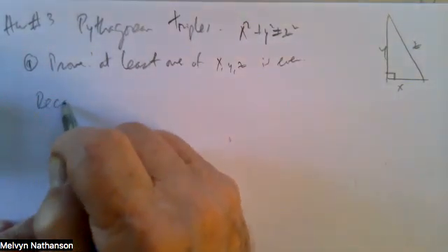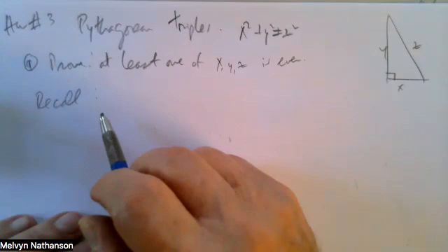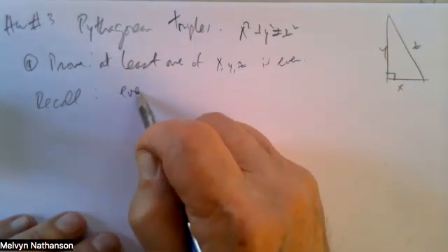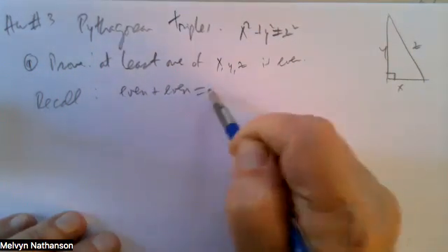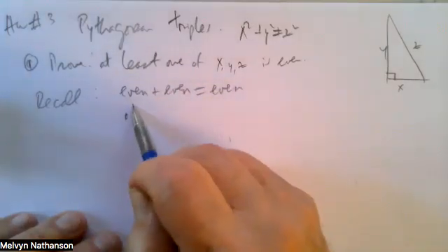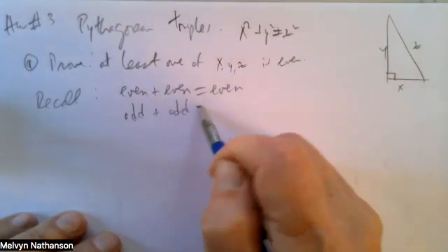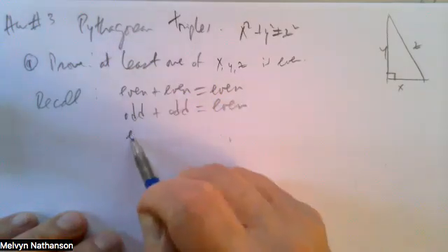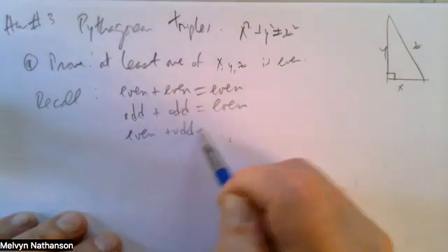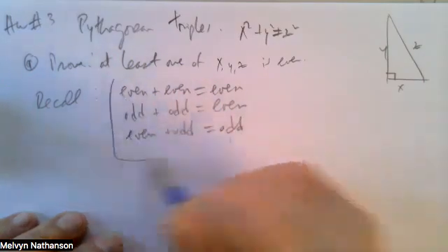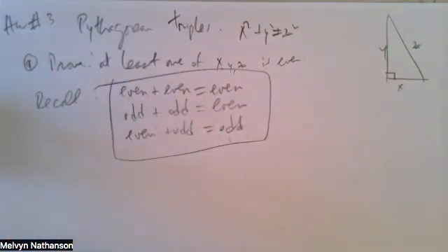So what you have to remember is when you're adding numbers, even plus even is even, odd plus odd is even, even plus odd is odd, right? So you know this, but you have to see the relevance of it. And since the words even and odd come up in this problem, this is one obvious thing to think about.